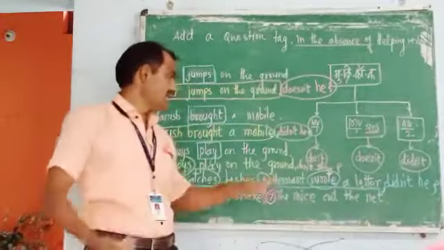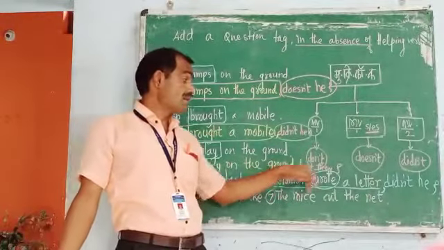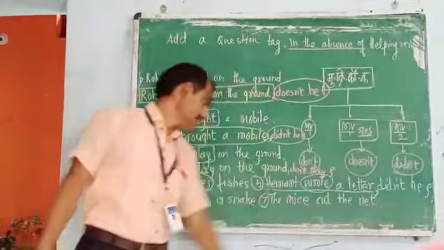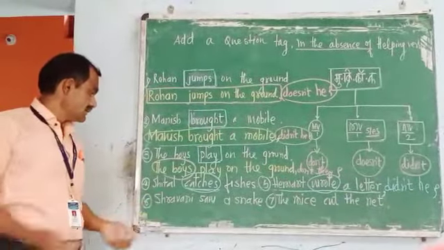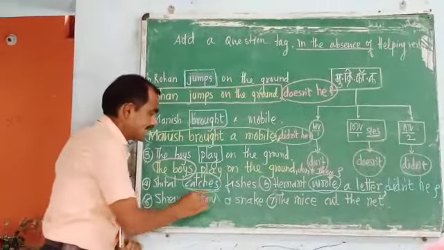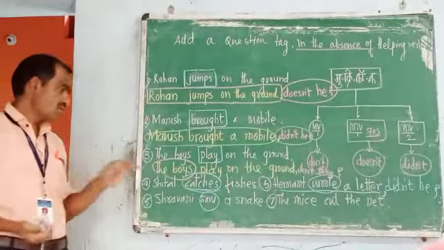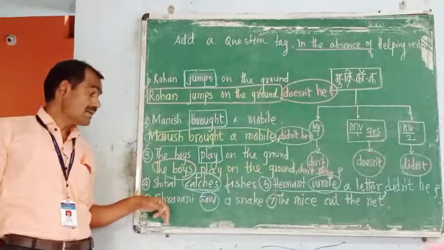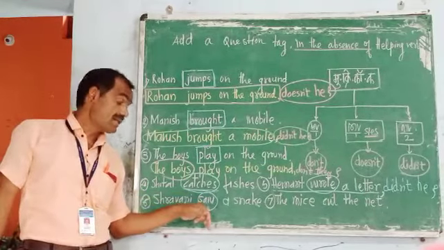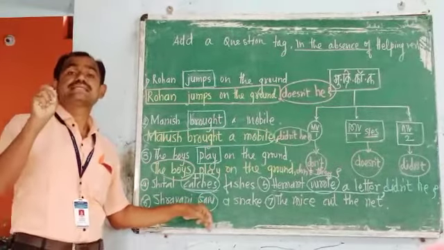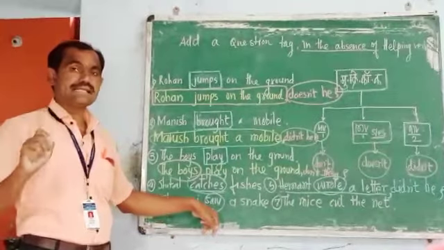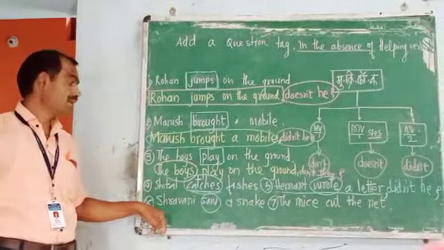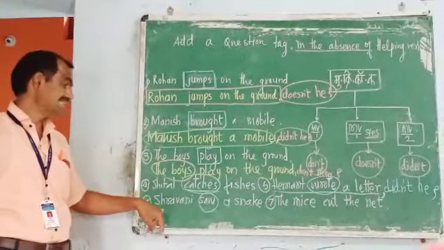The final answer would be Hemant wrote a letter, comma, didn't he? Then Shravani saw a snake, comma, didn't she? I use didn't here because saw is the second form of see, and I use the pronoun she because for Shravani we need to use the pronoun she.